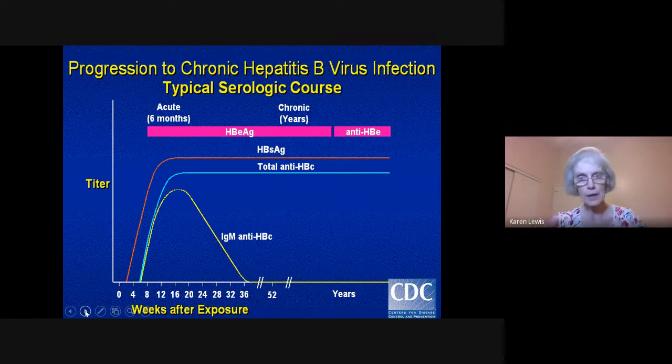Once you have antibody to hepatitis B core antigen, that means at some time, past or present, you have been infected with hepatitis B. Sometimes with hepatitis B chronic infection, you can switch from E antigen positive to antibody to hepatitis B e antigen. But for just routine care of patients, forget about E antigen. Just know it's positive when it's high. If it's negative, that doesn't mean that the patient isn't infected.